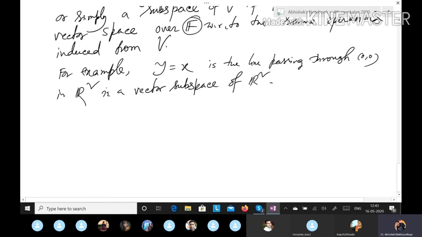And the condition for which a subset will form a vector subspace is the following. For any arbitrary vector space and given any non-empty subset W of a vector space V, whenever you see that these conditions are satisfied by the set W, then you can say that W is a vector subspace.